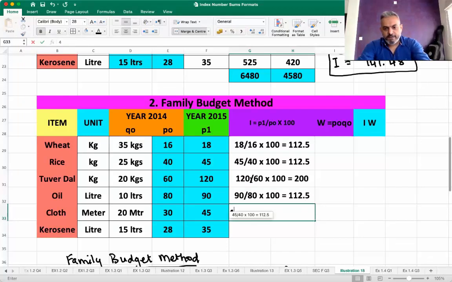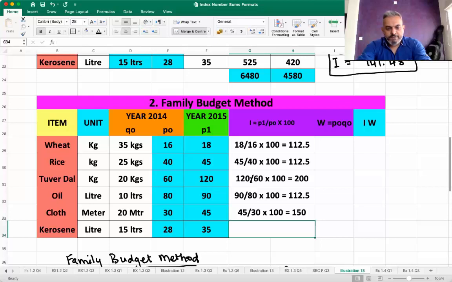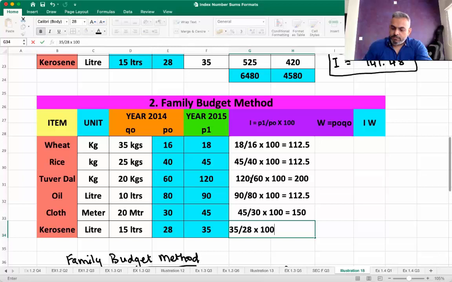And 45 divided by 30 into 100, 150. And 35 divided by 28, 5 by 4 into 100, 125.